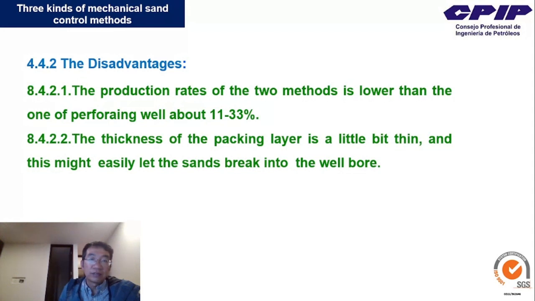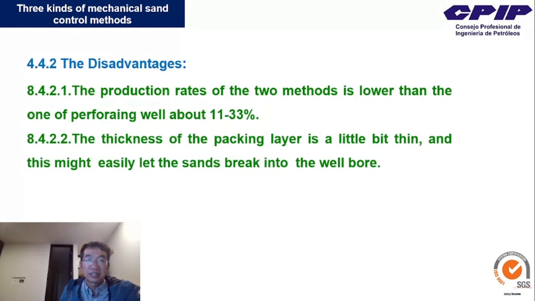The disadvantage of this gravel packing: the production rate of the two methods is lower than that of the perforated well, by about 11 to 33%.